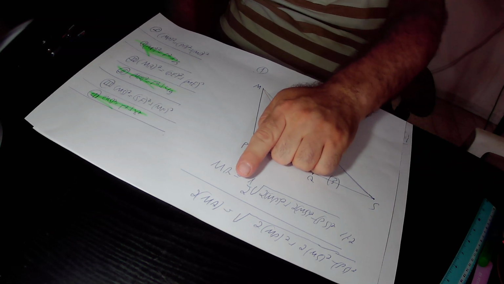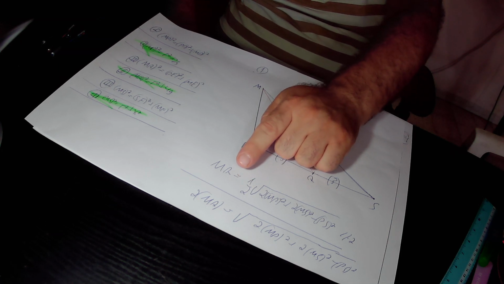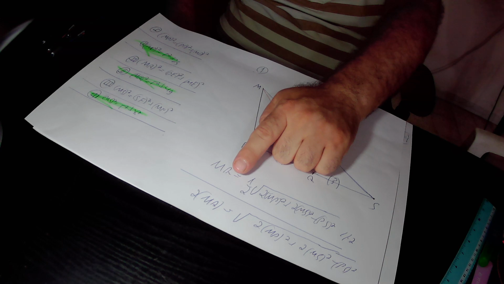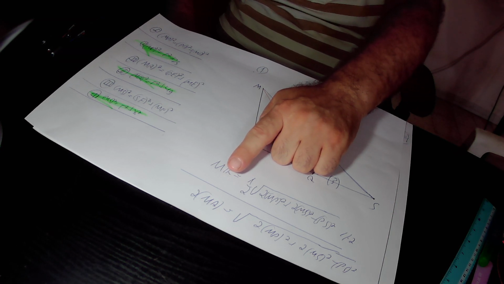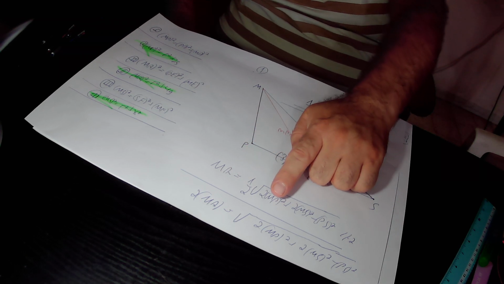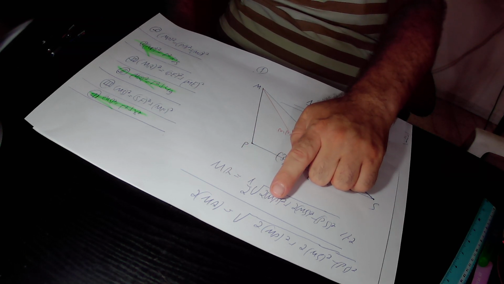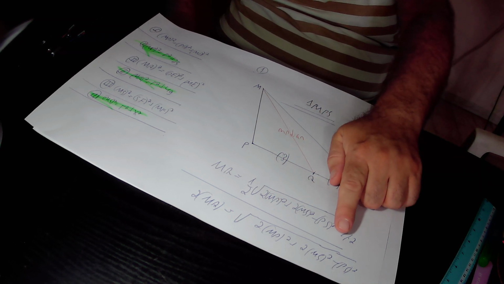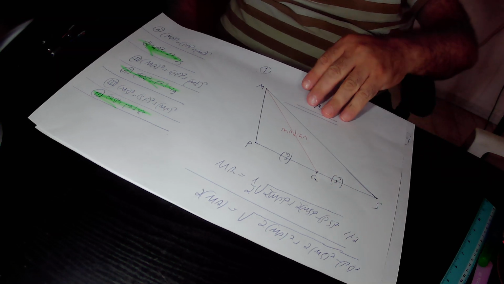Here we square both sides of this equation. So 2MQ squared is 2 squared, that is 4 times MQ squared. And here, when you square the root, the square cancels the root, and we are left only with 2MP squared plus 2MS squared minus PS squared.